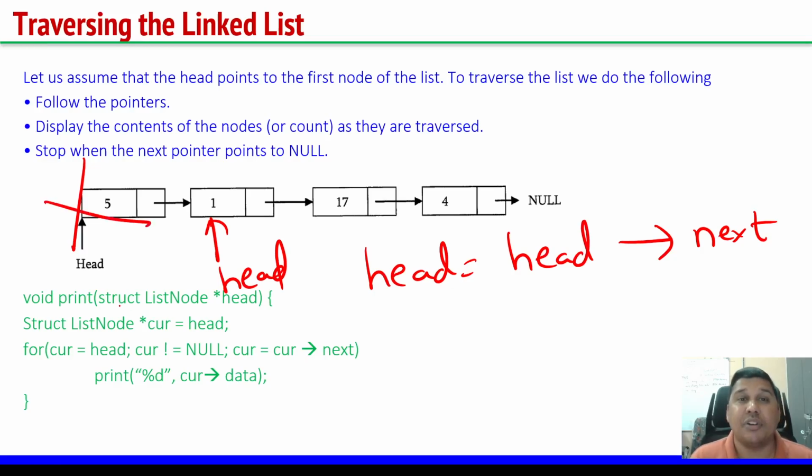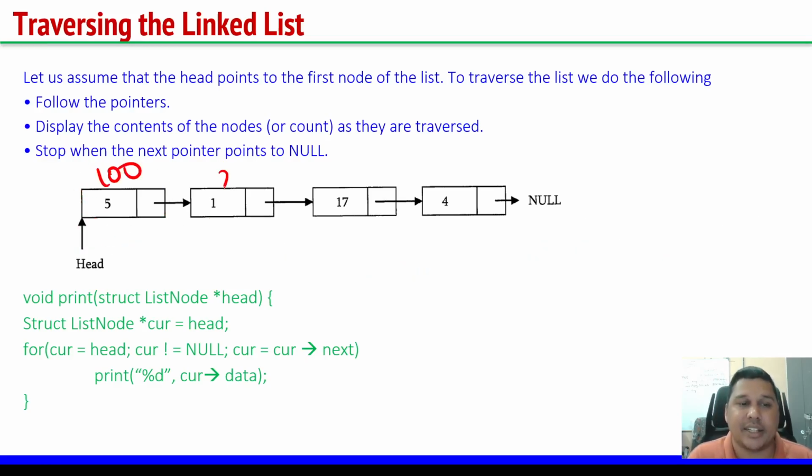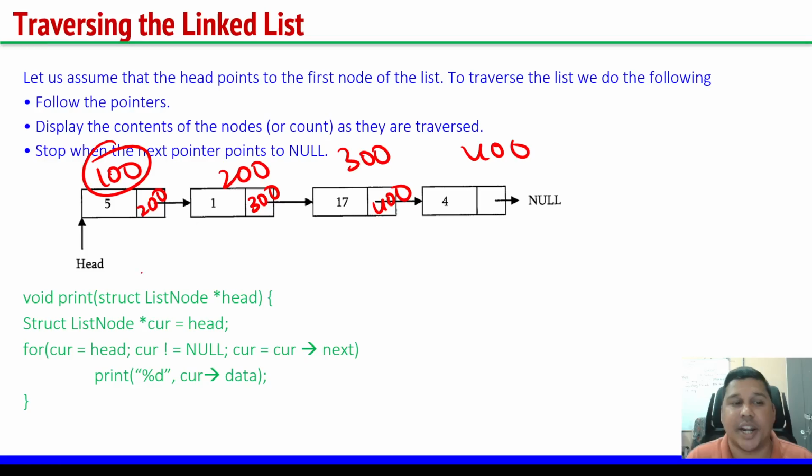You will not have the address of the first variable. This first variable's address is 100, right? The others have 200, 300 and 400. Here 200 is written, here 300 is written, 400 is written here. Where is 100 stored? Who is maintaining this 100? This head variable is maintaining that 100.